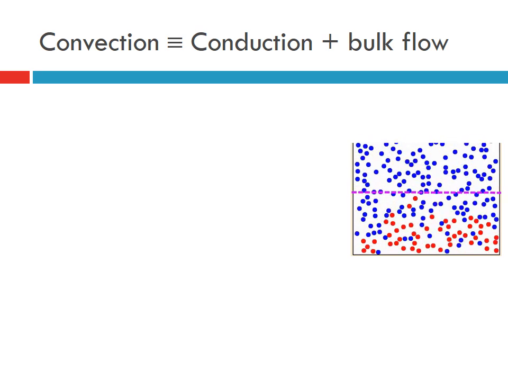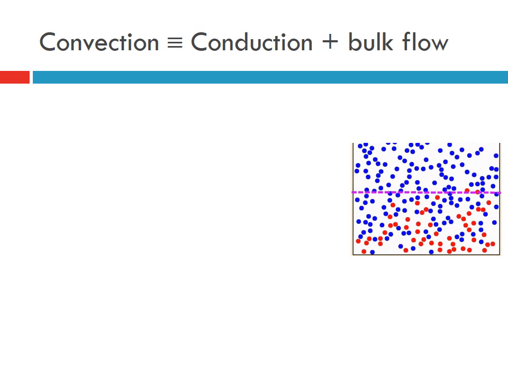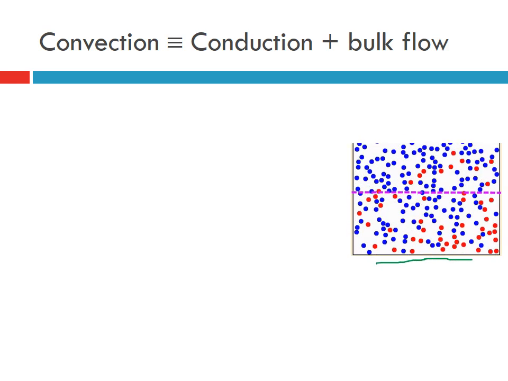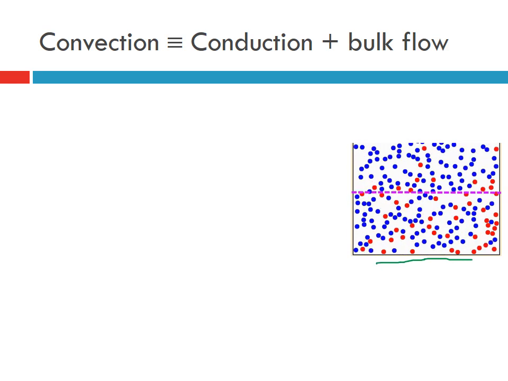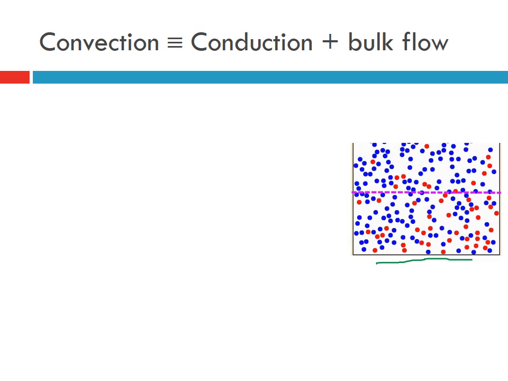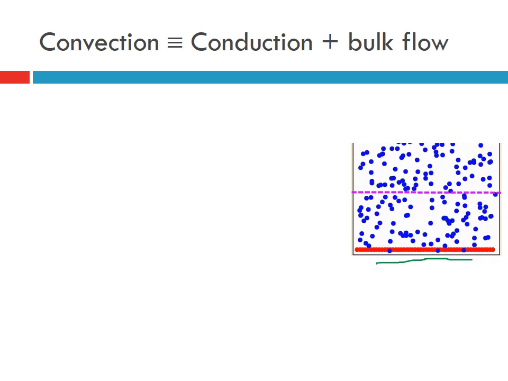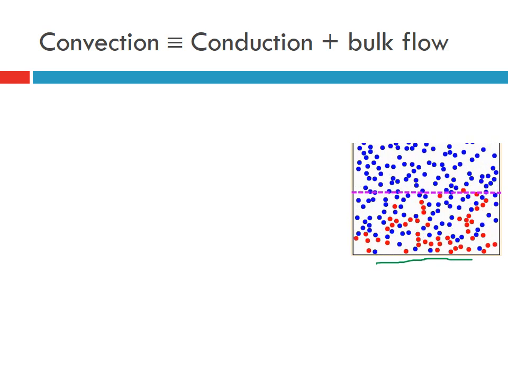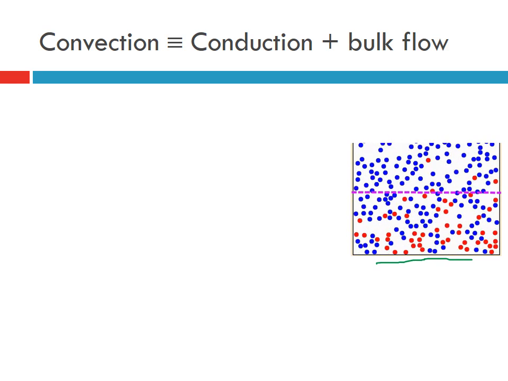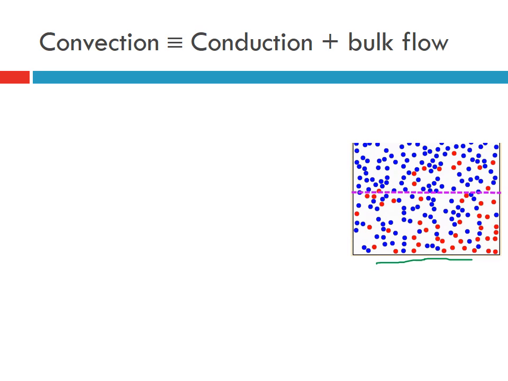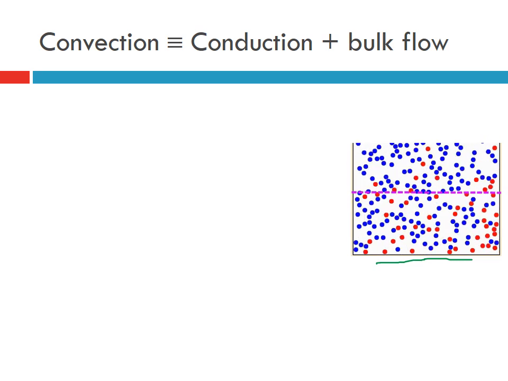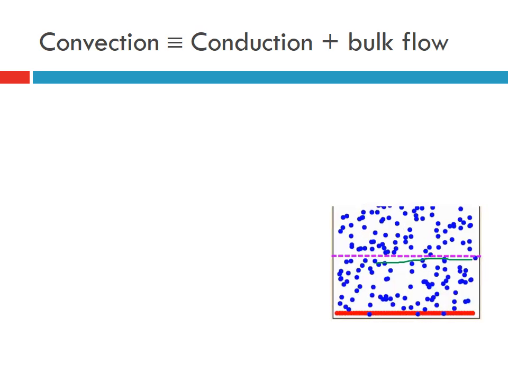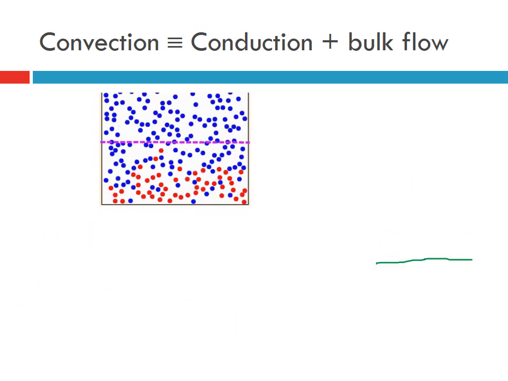To recap, conduction in a gas, for example, refers to this kind of molecular motion where the red ones, for example, have more energy, and as they're bouncing against the blue one, it's transferring energy. Contrast this with convection, where on top of this molecular motion, we have bulk motion.